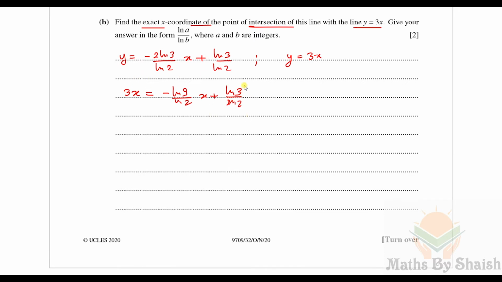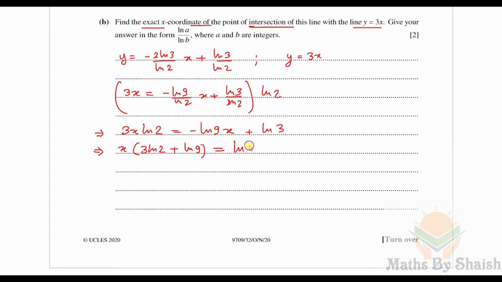Let me multiply the complete equation by ln 2. We will get 3x ln 2 = -ln 9 x + ln 3, because these got cancelled with ln 2. So let's collect x from these two, and we get x times (3 ln 2 + ln 9) = ln 3, because it was minus, so that side it would be plus.